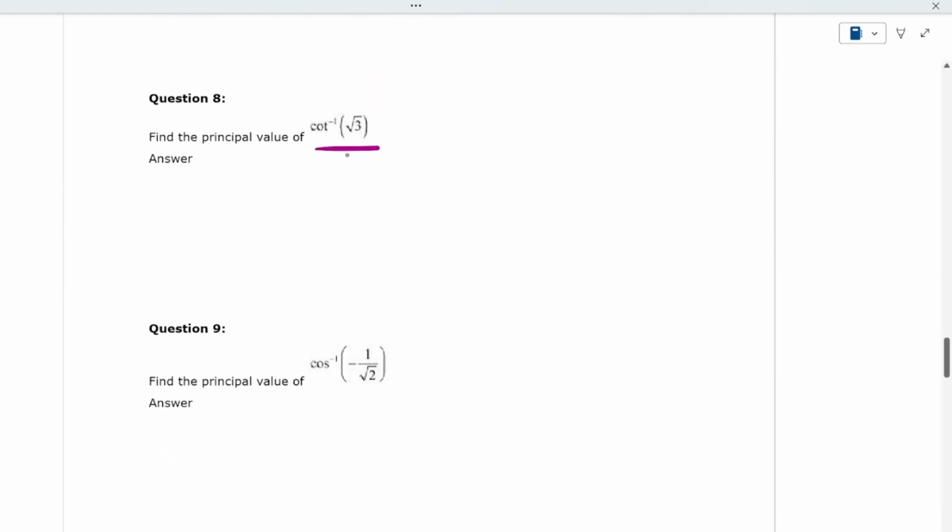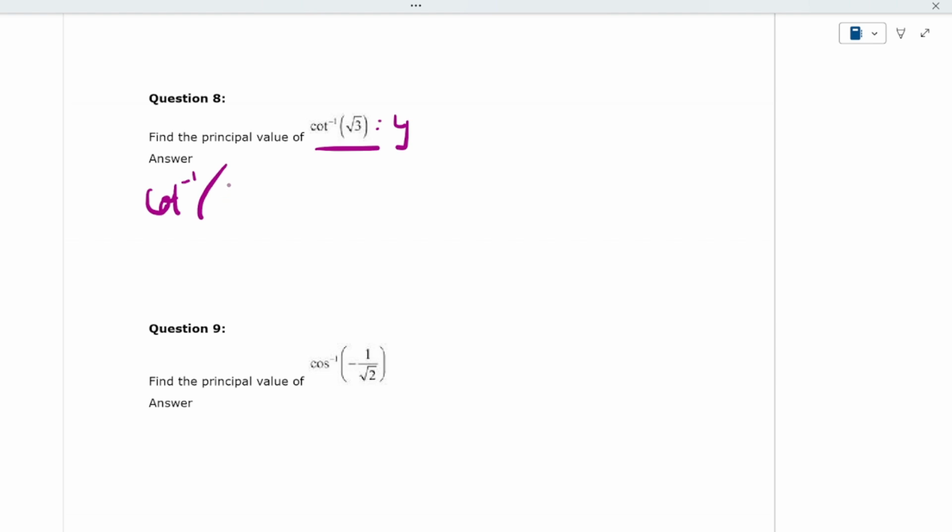Okay, now cot inverse, you do the same step, equal to y, and cot inverse of 3 would be equal to pi by 4. Okay, here it is pi by 4. See, let's solve stepwise.